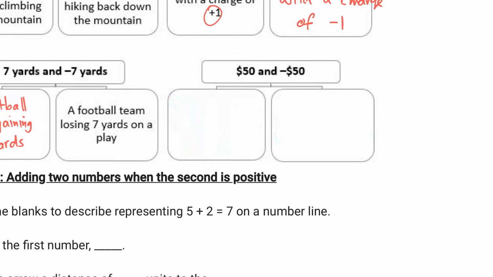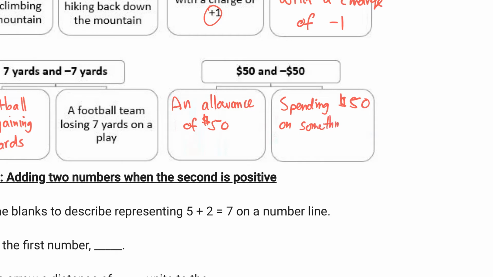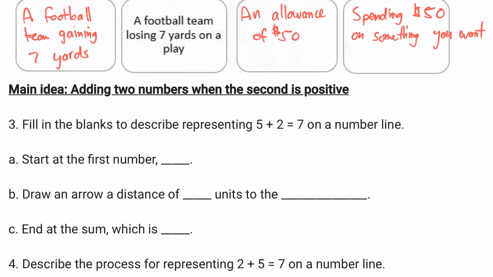And $50 versus -$50, you could have an allowance of $50 versus spending $50 on something you want. So those are examples of real-world situations using integers.